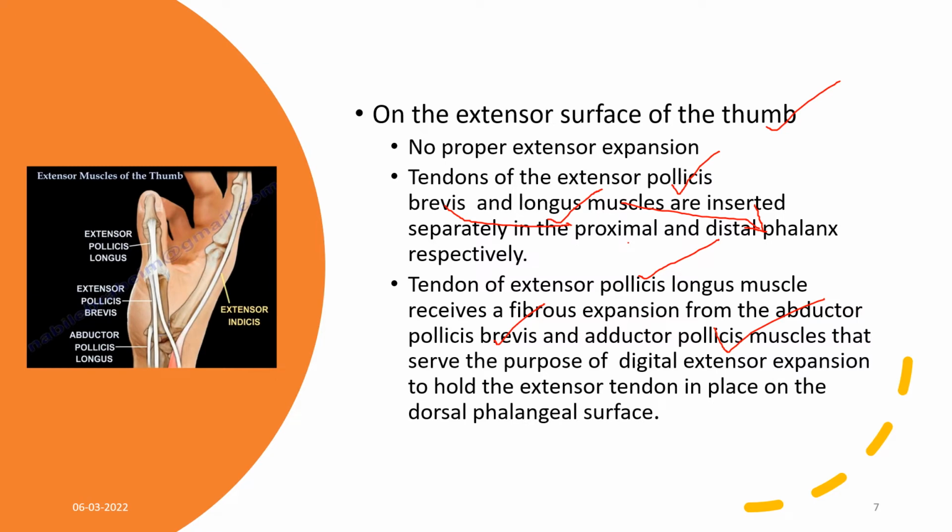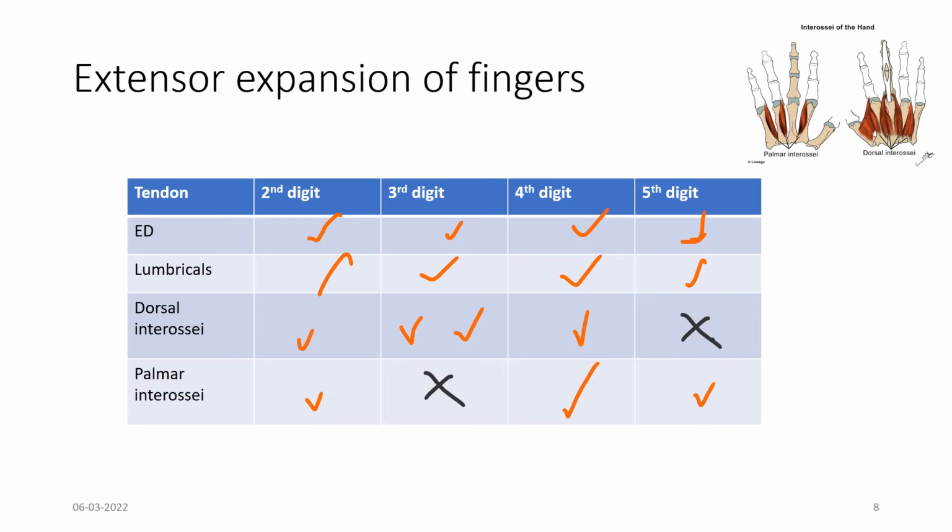So you have understood about the extensor expansion in relation with the thumb formed by the extensor pollicis longus and brevis, then supported by the expansion from the abductor pollicis brevis and adductor pollicis muscles.